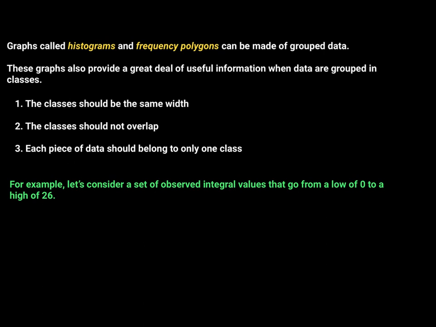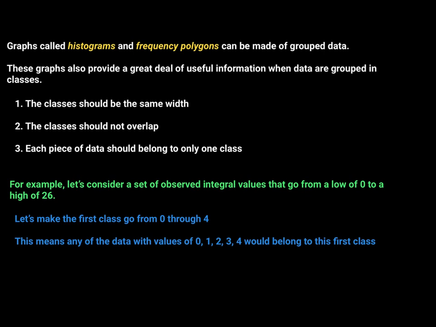Let's assume that the first class goes from 0, the smallest value, through, let's say, 4. What this means is any of the data with values 0, 1, 2, 3, or 4 would belong in this first class.